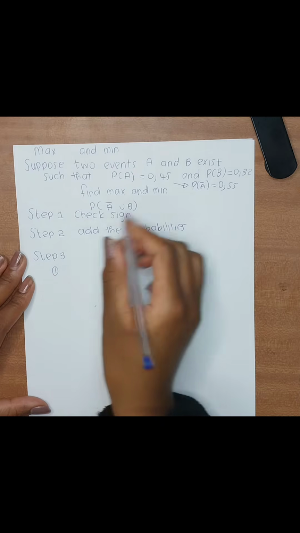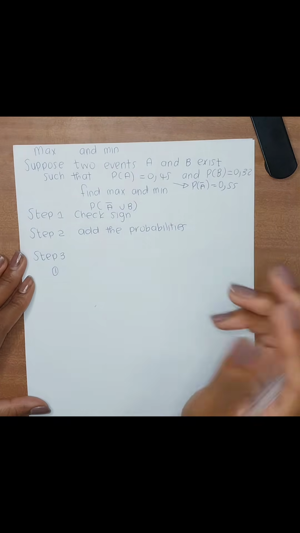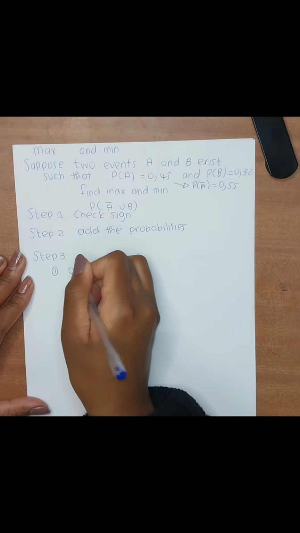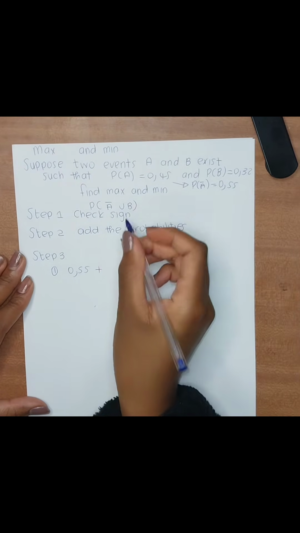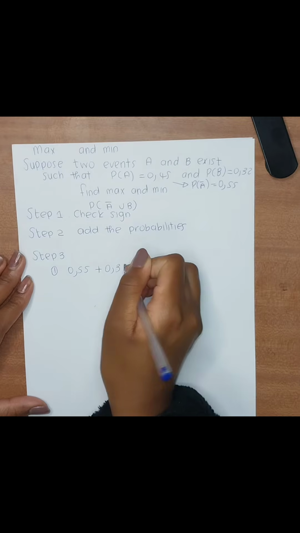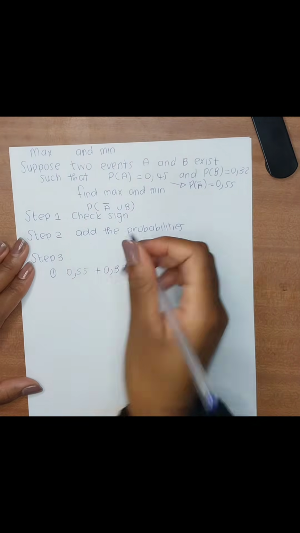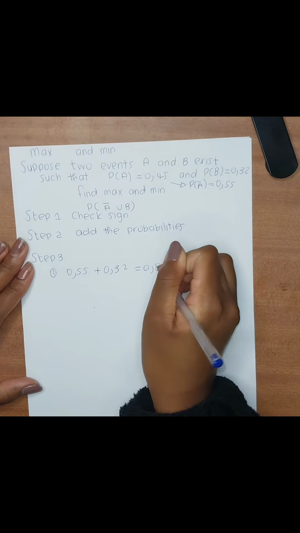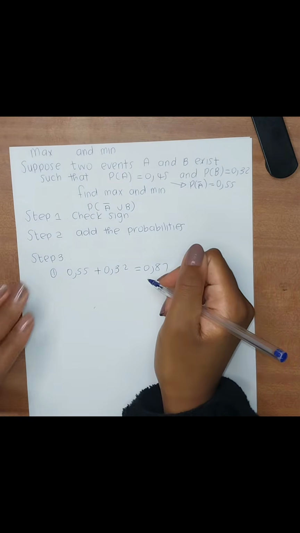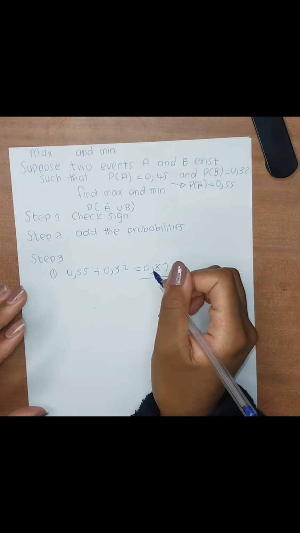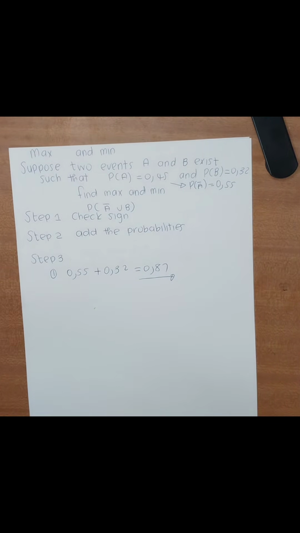Okay, so we add them. So step 1, we check the sign: it is a union. So the union rules are going to apply. I'm going to show you the union rules. So 0.55 plus B, 0.32, gives me 0.87. If you see, this amount is between 0 and 1, meaning that there's a possibility that it is mutually exclusive.